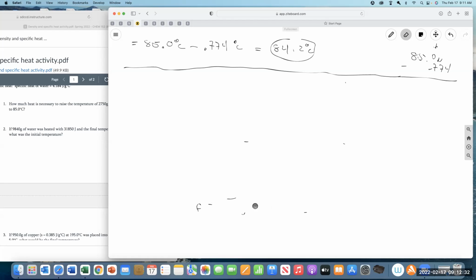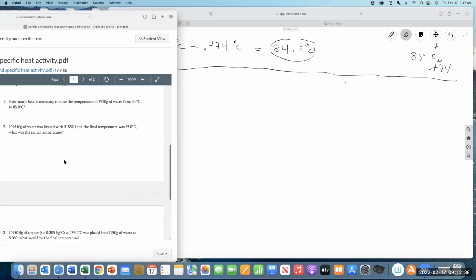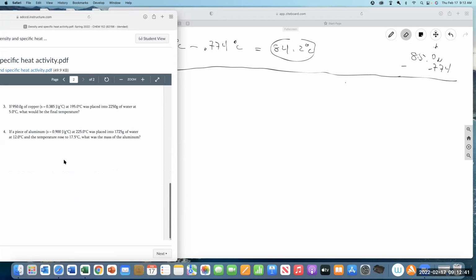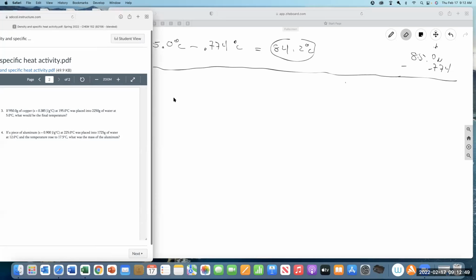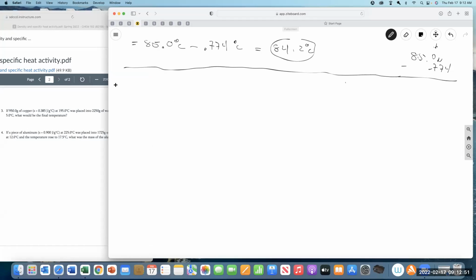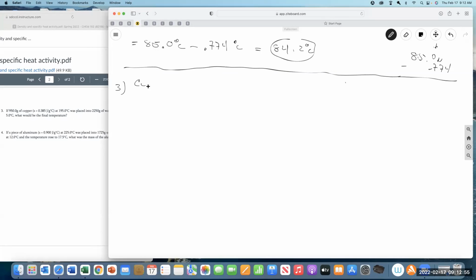All right, number 3. We've done stuff like this. We've done a couple of these in class, and this is like the last one on that last homework as well. So number 3, we have copper, and we have 950 grams.